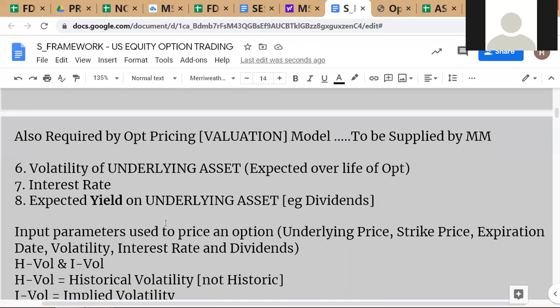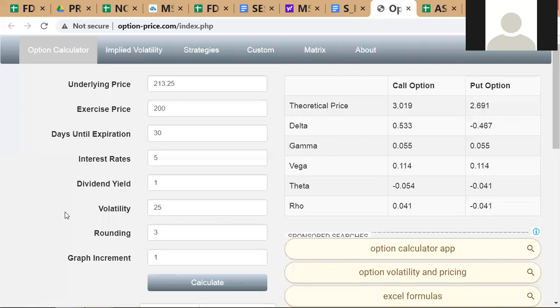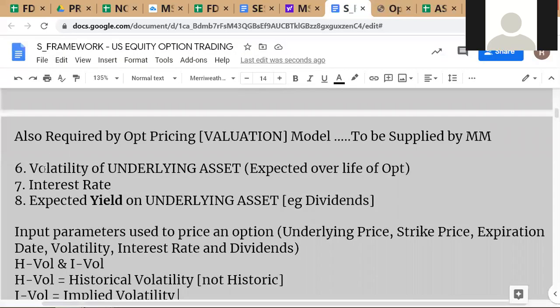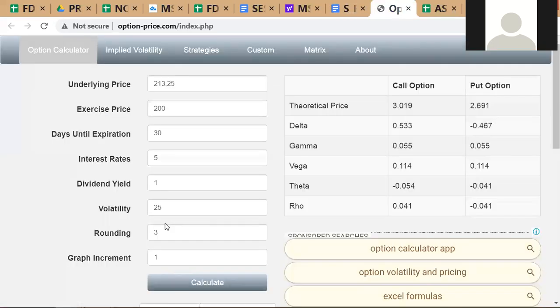As you can see here, you can relate this to the pricing model: these three have to be entered by the dealer. You can go to the pricing model and see what we are looking at: vol, interest rates, and yield. It's a stock option pricing model, so it's got dividend yield, interest rate, and vol.